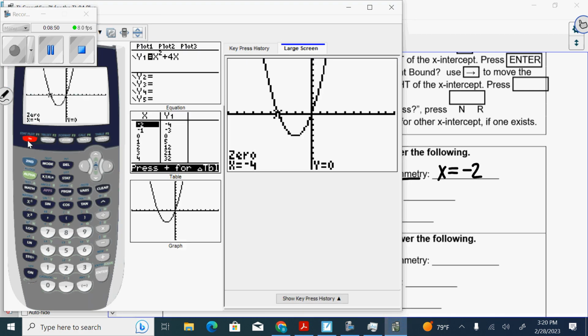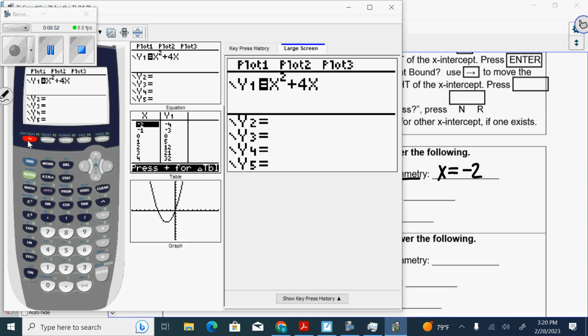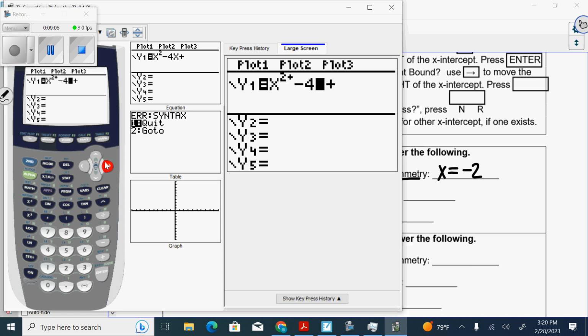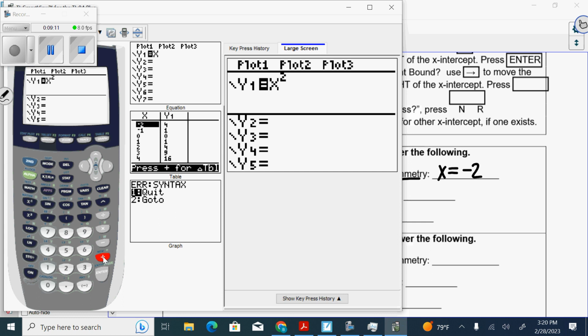So I'm going to go into my graph. Oops, I forgot to. x squared minus 4x. Okay, and I'm going to repeat that same process. Try again. Yes, for the other one. So, got my x squared plus 4x minus 5.